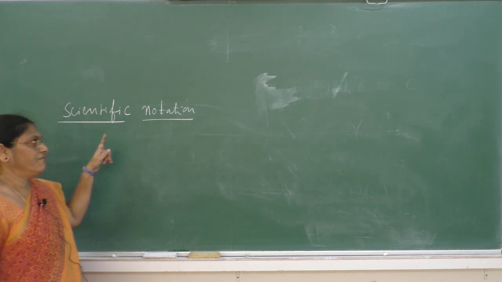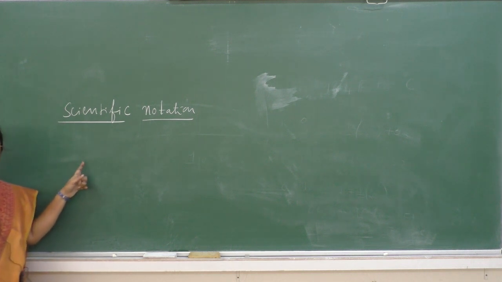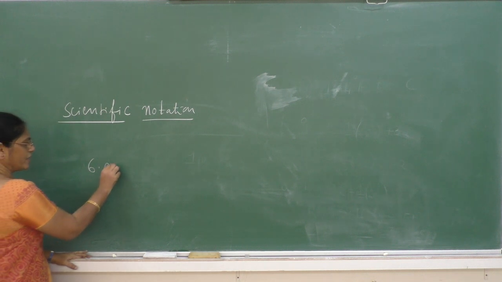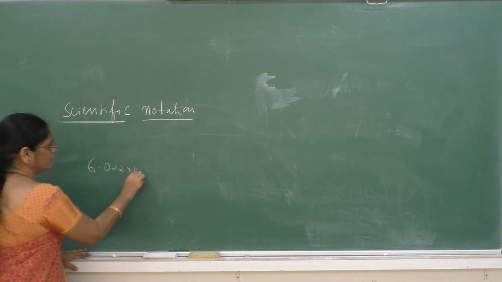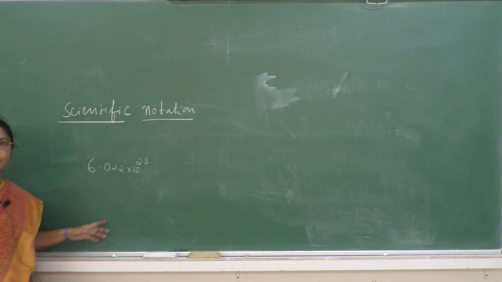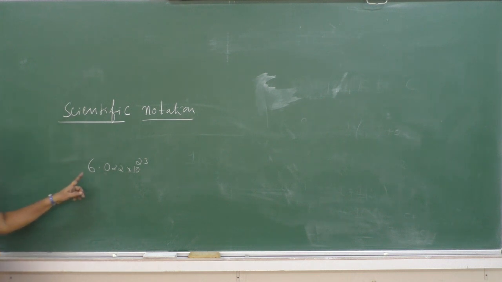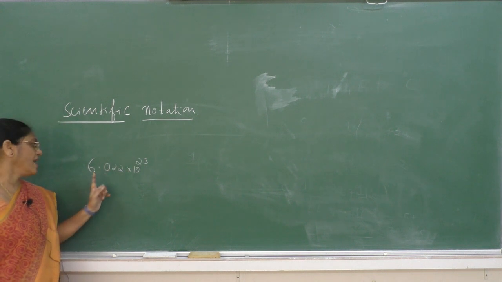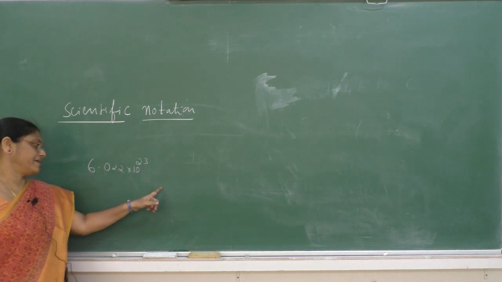For a very large number like Avogadro's number, its value is 6.022 into 10 power 23. That is, 1 mole of any substance contains Avogadro's number of particles.